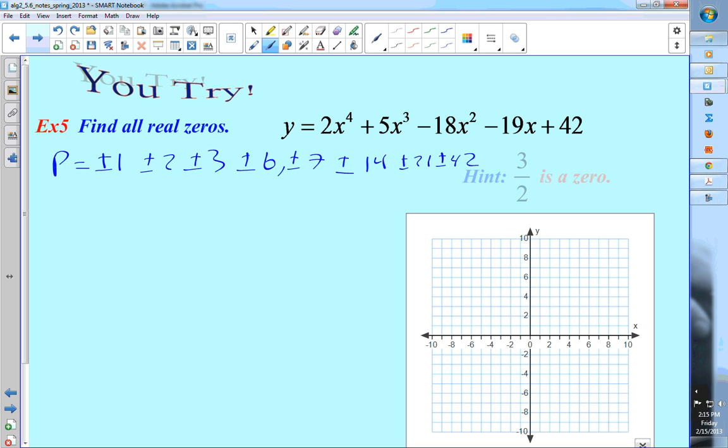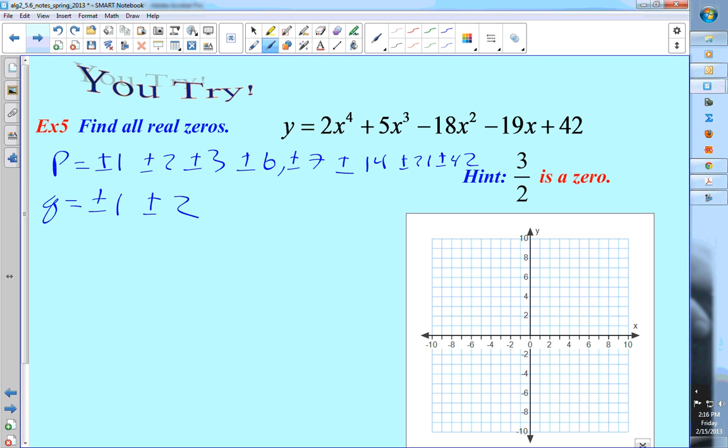So you can look at this list of p's and then look at your list of q's and know that you're going to have a pretty nasty pile of numbers to deal with. Okay? Now, we're giving you a hint and telling you that 3 over 2 is one of your zeros. We just need to find one more.